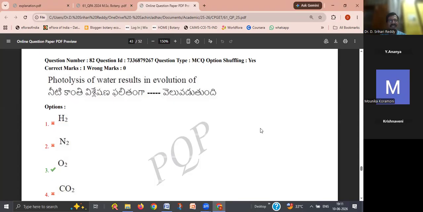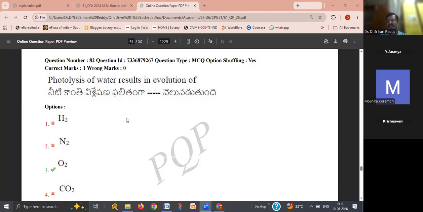And for this process, two ions are very important. One is manganese, another is chloride. Okay, Mn plus 2 and Cl minus. These two ions are very important for the evolution of oxygen from the H2O during the photolysis of water.